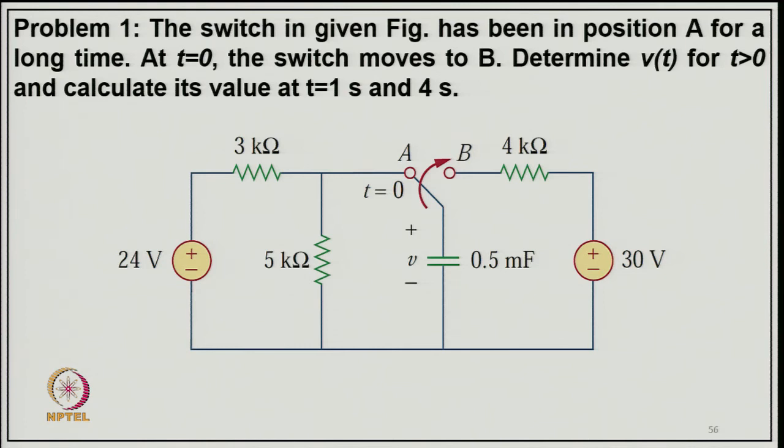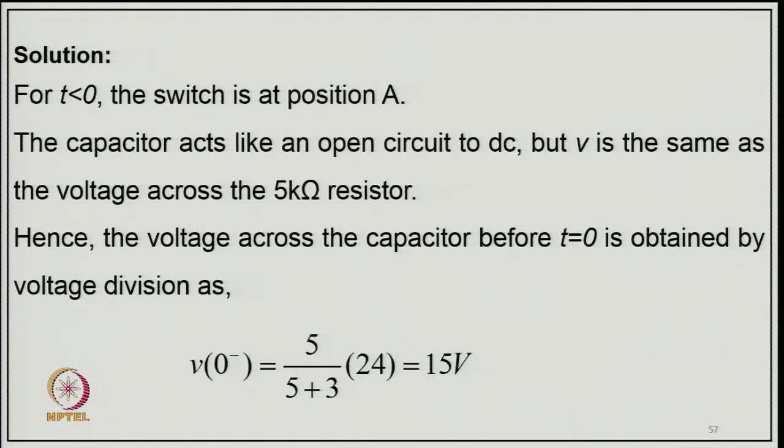Initially the capacitor is connected to the circuit with a source of 24 volt through the resistance, and at t equal to 0 it is closed to terminal B, and the charged capacitor goes to the second circuit, and the voltage across the capacitor and the source of 30 volt will be different. So, certainly there will be some response going finally to steady state. Interesting problem.